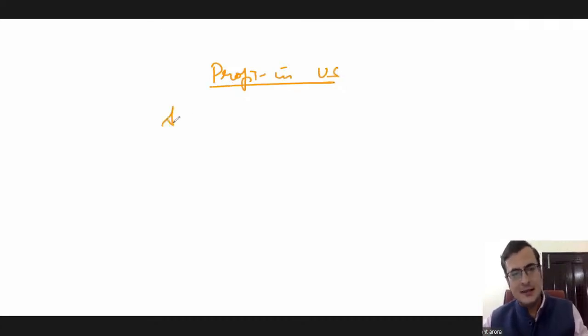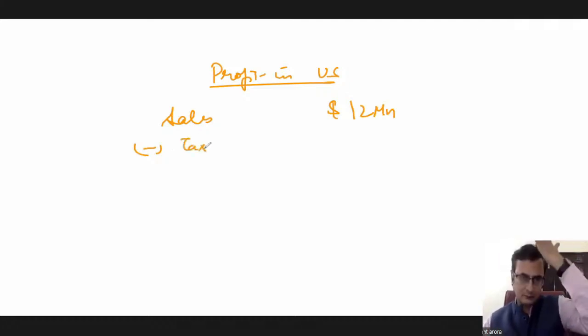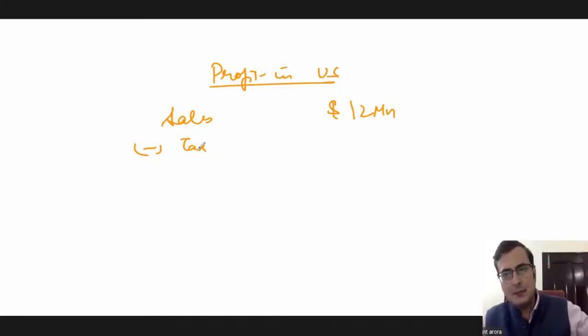Profit in the US, they will be selling to a third party for $12 million. Okay. And they will also be paying some tax. Let's take an example that they will be paying only on the profit element.